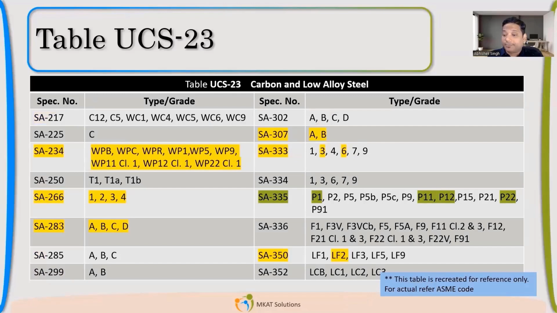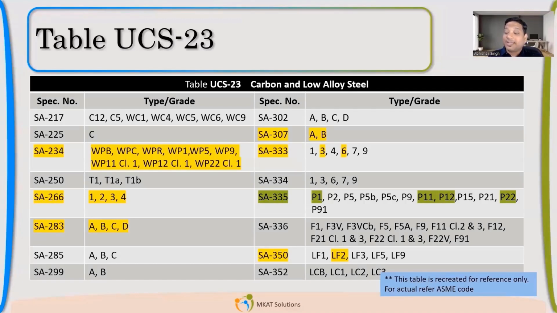234 for 179 tube, 266 for forgings, 234 for fittings, 283 for pressure part, a plate or a structural item. 333, what is 333? Anyone? SA 333 pipe. Absolutely right. When do we use SA 333 pipe? LTCS pipe.